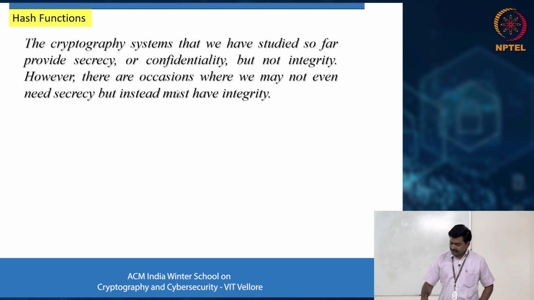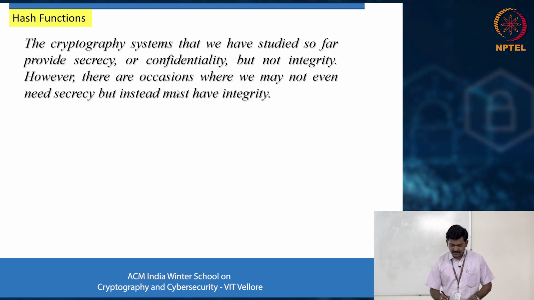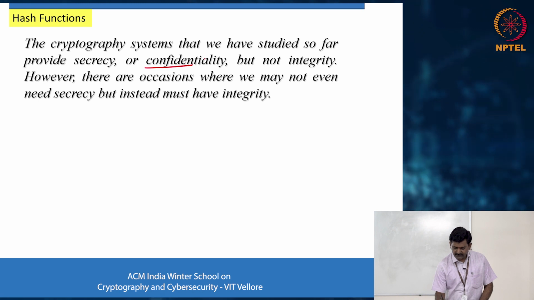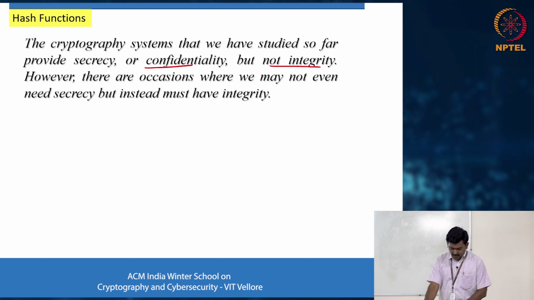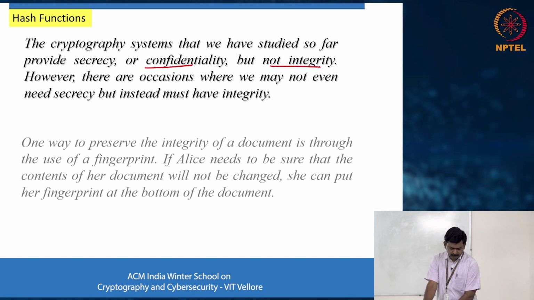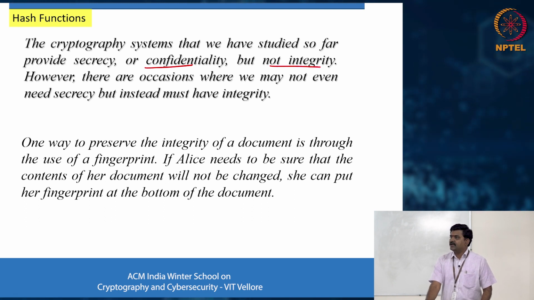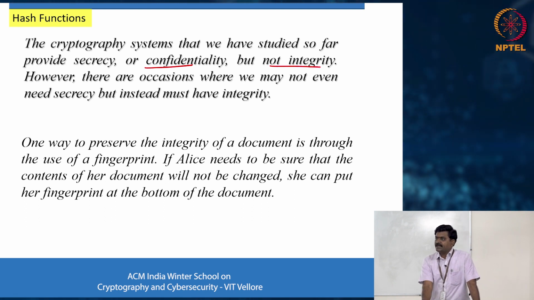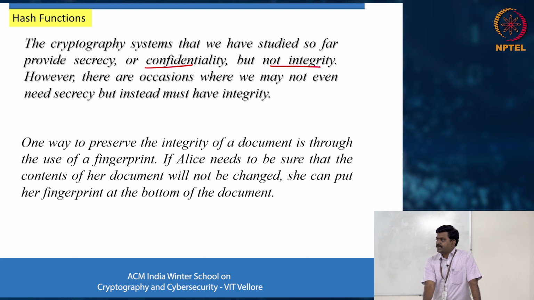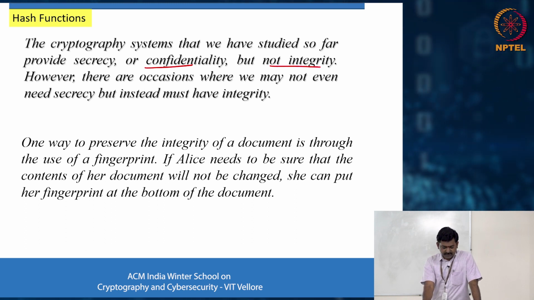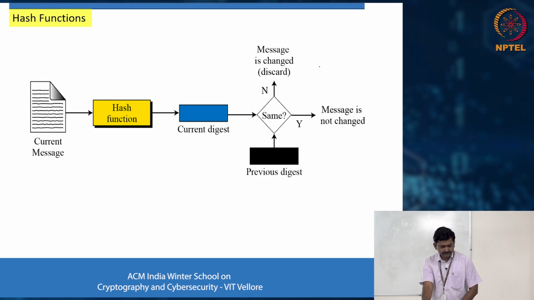So far, whatever we have discussed is confidentiality, but we have not focused on integrity. So how do we do it? In order to say that the integrity of the document or message is preserved, the way out is to create the signature of the message, the digest of the message. So how does it happen?